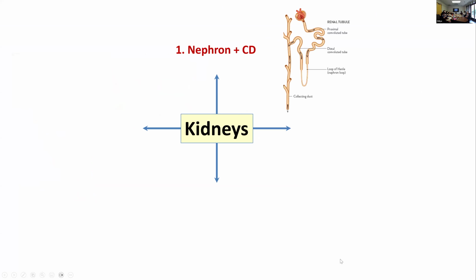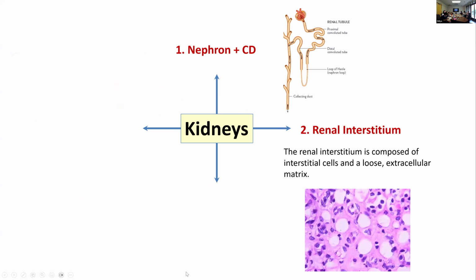So the important structural components of the kidney are, as I said, the nephron and the collecting duct epithelium, and the renal interstitium. The space between all these renal tubules is filled with interstitial cells, and the renal interstitium is the main part of the renal parenchyma.